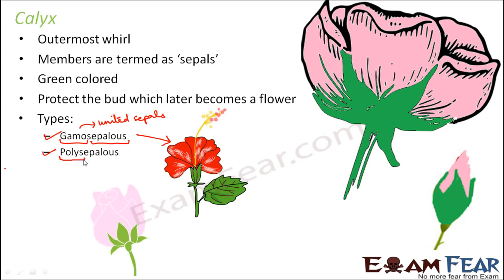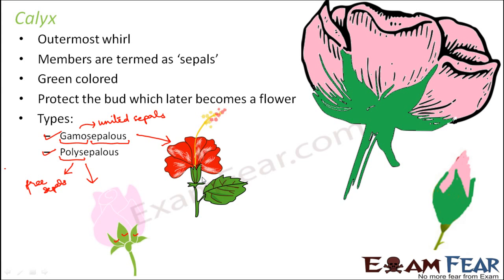So polysepalous would actually mean free sepals. An example is rose. In rose, if you look at the sepals, they are all separate. They are not connected to each other, right? You can see them each as an individual leaf-like structure. So that is known as polysepalous. Whereas in hibiscus, all of them are connected.